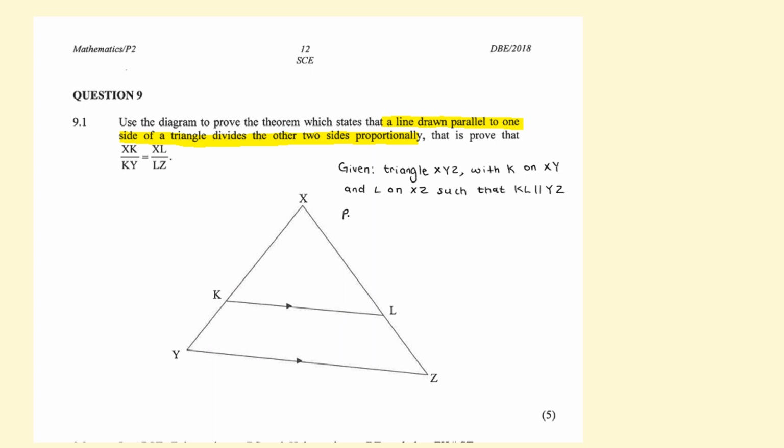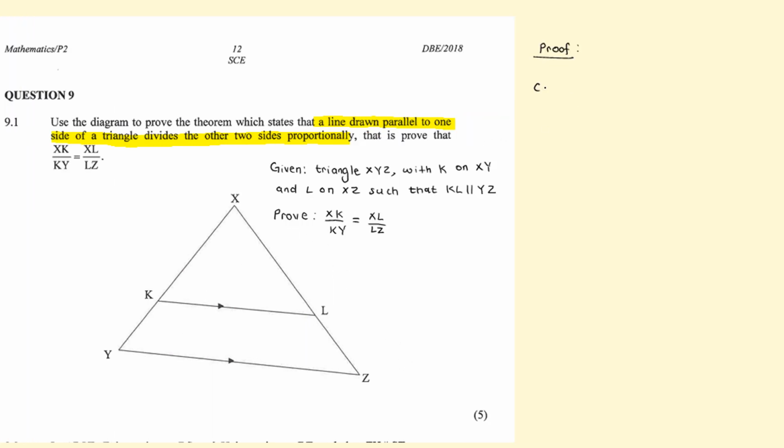Then you are required to prove that XK to KY is in the same proportion as XL to LZ. Once you've stated that, you can now go on to your proof.